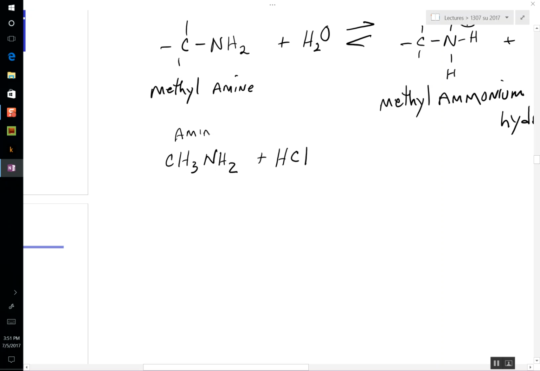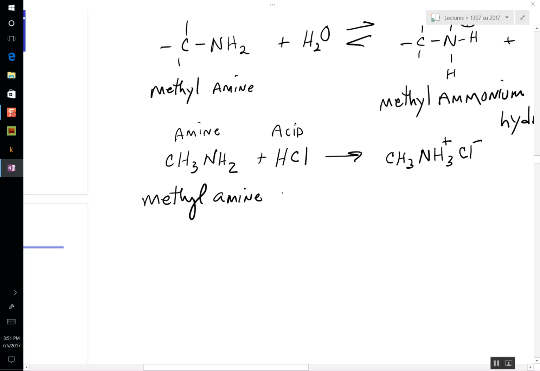So an amine plus an acid is going to form CH3NH3+ Cl-. So methylamine plus HCl becomes methylammonium chloride. Methylammonium chloride.